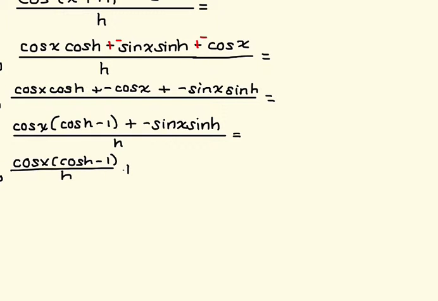And I'm going to add to that the limit as h goes to 0 of a negative sine of x sine h, over h. Now in the first one, I can factor out the cosine of x because there's no h in it, and here I can factor out a negative sine of x because there's no h in it. Does that make sense?